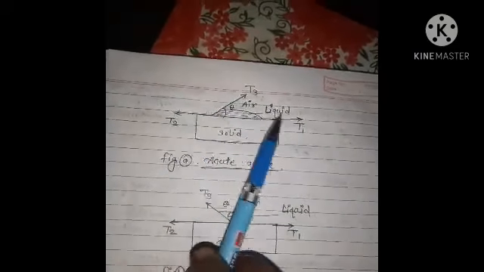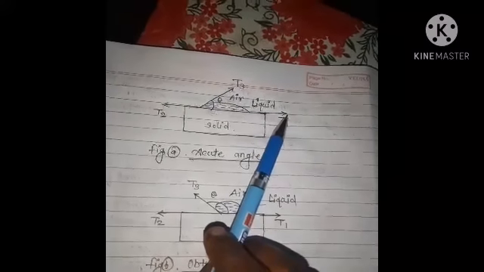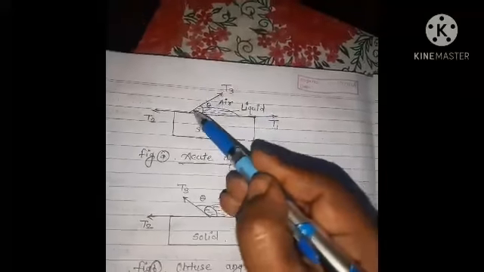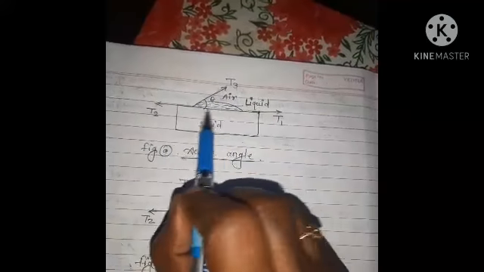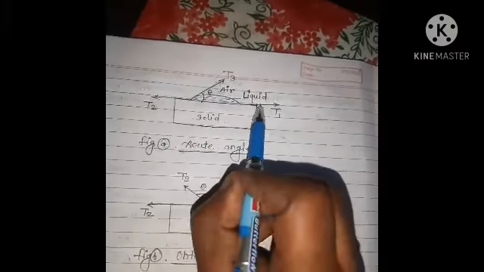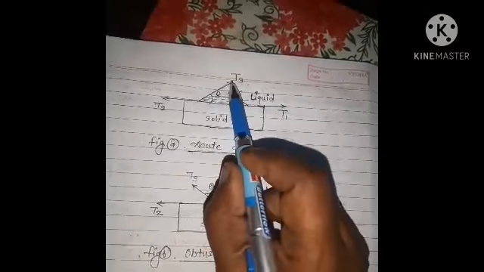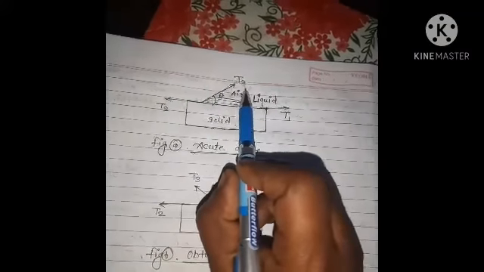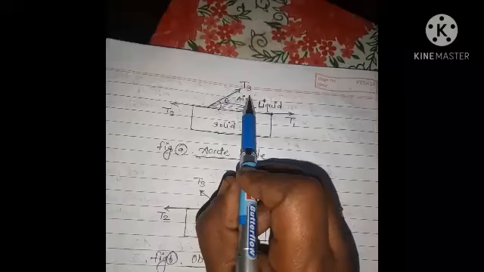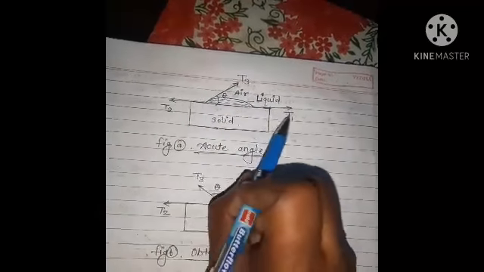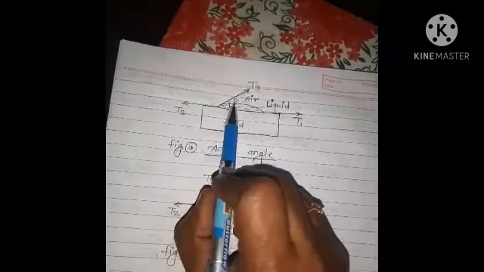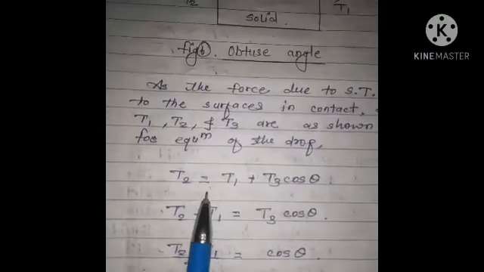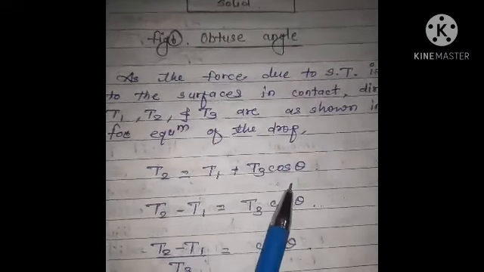Therefore, T2 is equal to T1 plus this side. If we take the cosine of this angle, then we will get cos theta into T3. Therefore, we can write T2 is equal to T1 plus T3 cos theta.